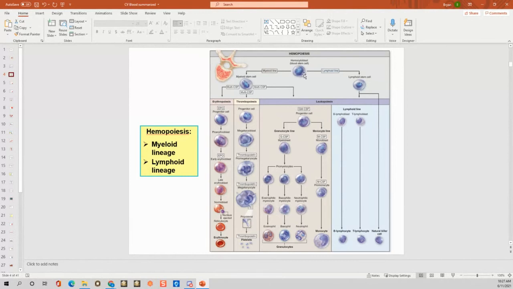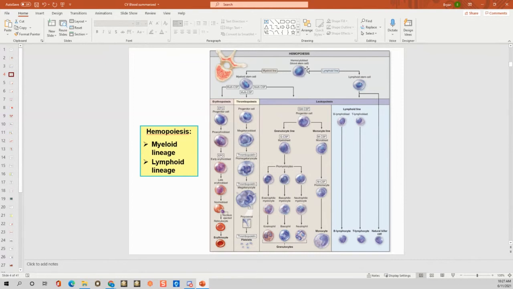You guys don't need to know that word. You can just learn it as hemo, blood, cyto, cell, blast, meaning to grow. Hemocytoblast is a blood stem cell that can grow into any formed element.